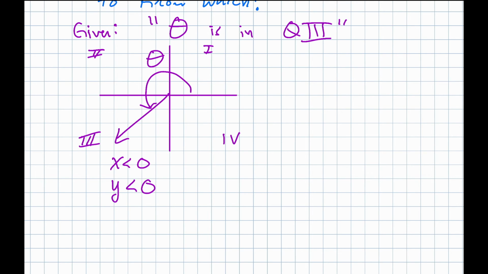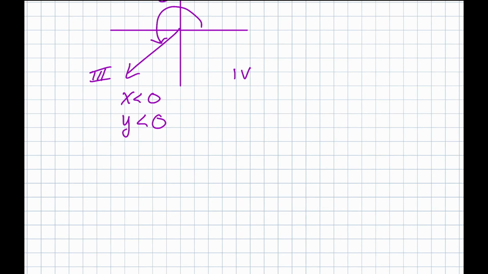And that means that in this quadrant, the sine is less than 0 because that's the y value. The cosine is less than 0 because that's the x value. And the tangent is actually positive because when you do a negative over a negative, you get a positive number.